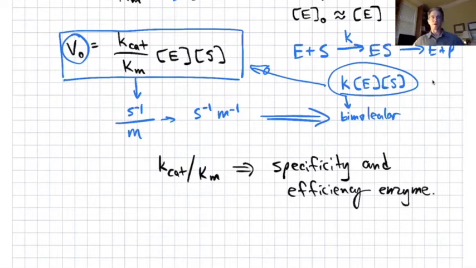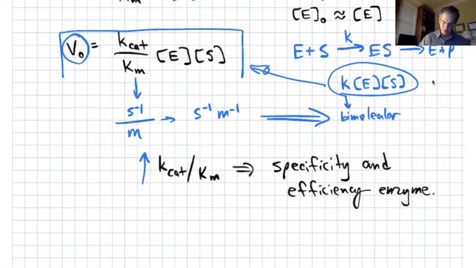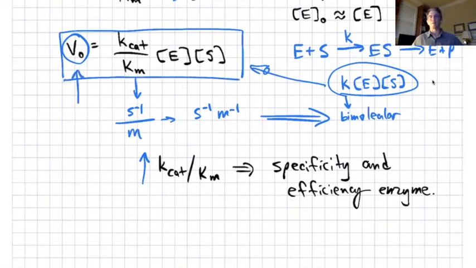As an example, the higher kcat over Km, the larger this number, if you think about it as a bimolecular rate constant, the faster the binding reaction happens. But in this case, we're relating the initial rate of an enzymatic reaction to essentially the rate at which the free enzyme interacts with the substrate. So the larger that number gets, the faster the reaction is going to go.